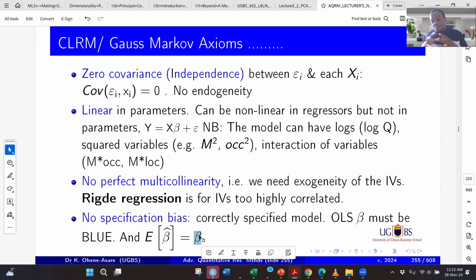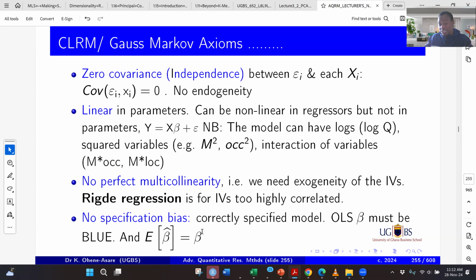If that sample is not representative of the population, and when we say population, we're not talking about the population of your companies, because your company is interacting with people in the world. So they are all part of the world, and that world is the true beta. This true beta is unknown, and so you estimate it. Our goal is to make sure that the beta cap is closer to beta, that what we have estimated is closer to what is in the true world.